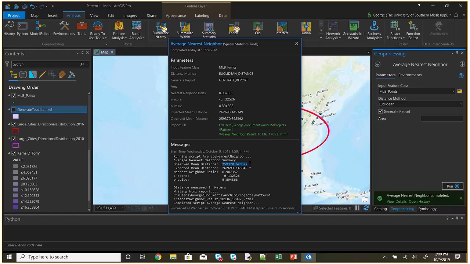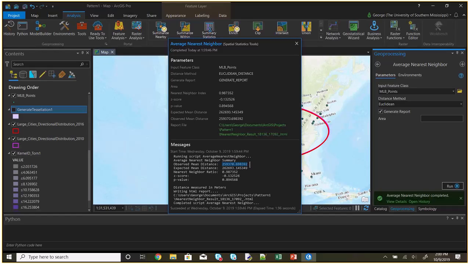It's returning you a number that shows you the observed mean distance, and then the expected mean distance is if we had the same number of points and they were in the same area covered by this, we would expect them to be this far apart if they were just randomly placed on the Earth. Right. So that's the expected mean distance.